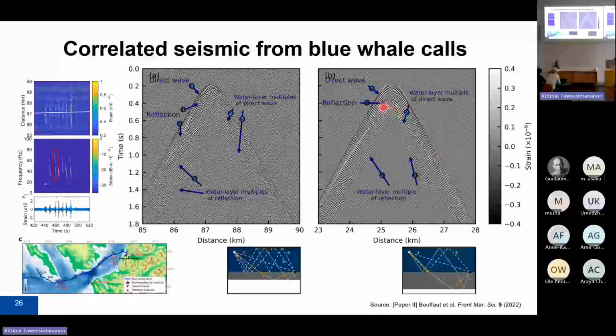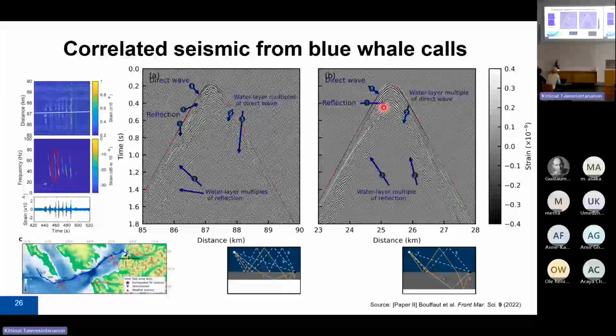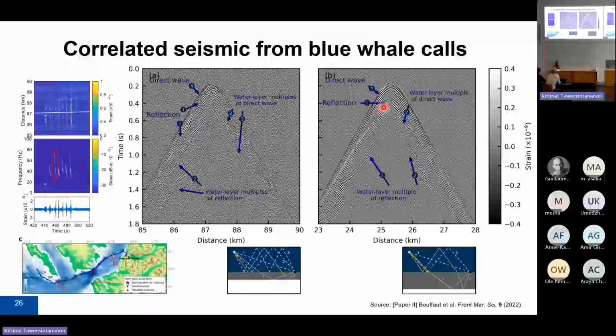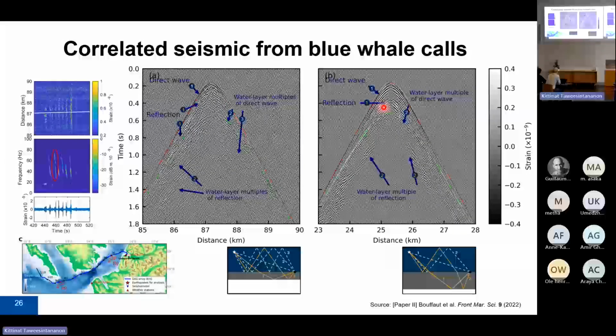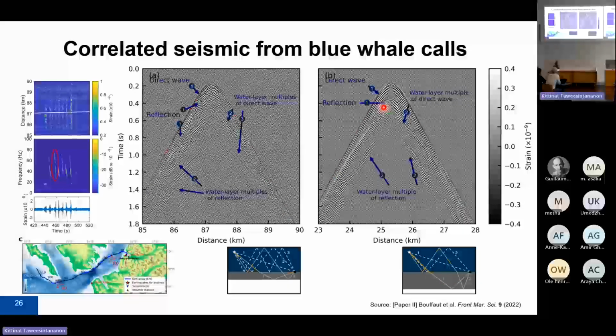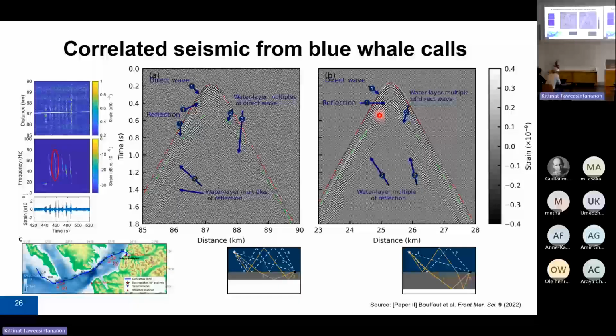You see this kind of event. So that means we can develop this further to use whale vocalization for subsurface exploration. That is possible by this kind of study, where we get some information about the subsurface from the whale vocalization.